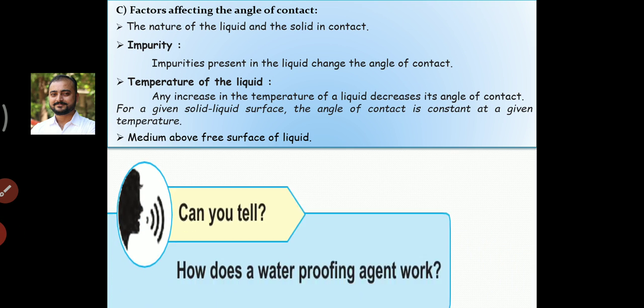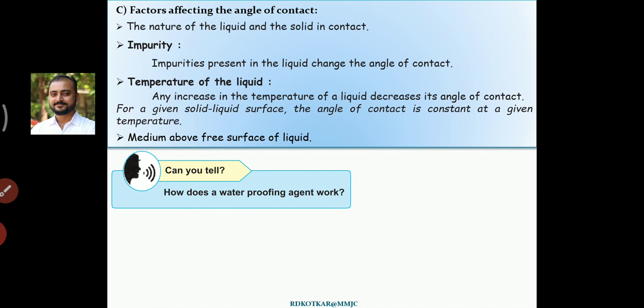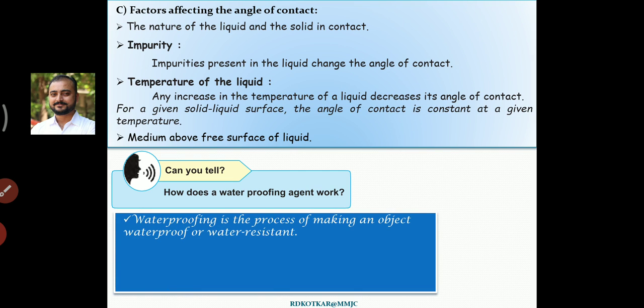Now the next question in your book: can you tell how a waterproofing agent works? So what is a waterproofing agent? Waterproofing is the process of making an object waterproof or water resistant.